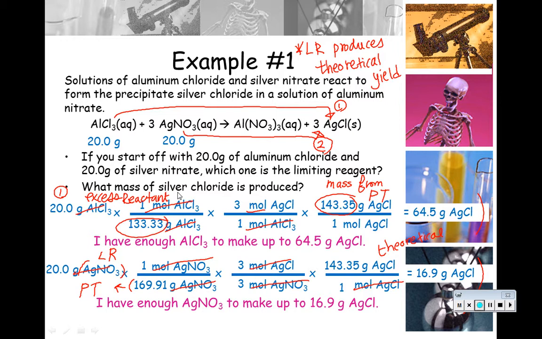Question? Yeah. You know how if it was 1 to 3, you know how you do that before? We did. Right here, 3 to 3. You see the 3 in front of AgNO3? Yeah. Is there a 3 in front of AgCl? Yeah.